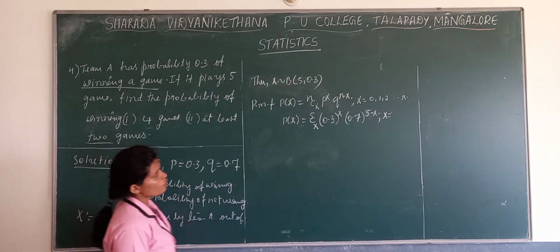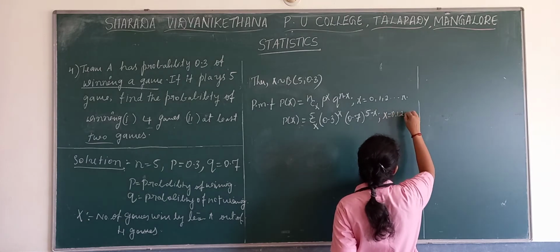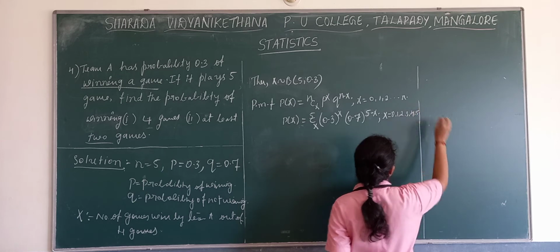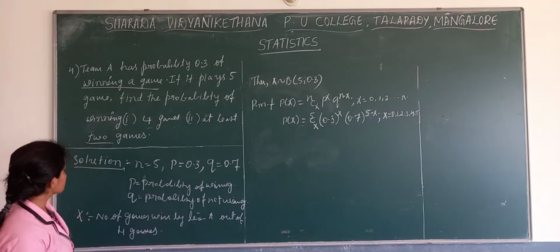Value of N is 5. So 0, 1, 2, 3, 4 and 5. That is X.